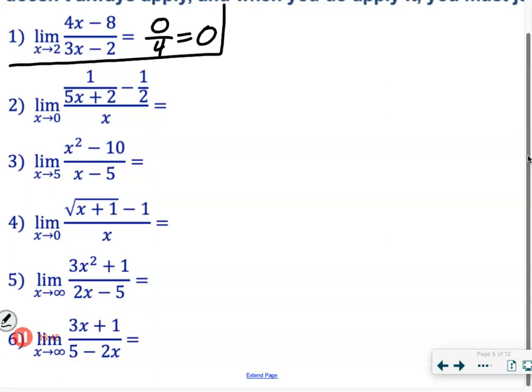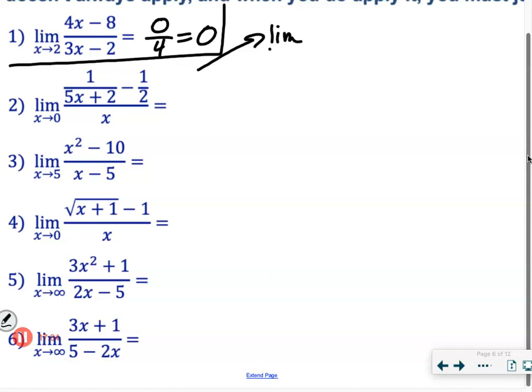So the next one, if we plug in a 0, what do we get on top? 0. What do we get on the bottom? 0. This is a L'Hopital. So the first thing we do whenever we're going to L'Hopital is, I'm going to put a little arrow so you know that this is connected. So we have to justify it.